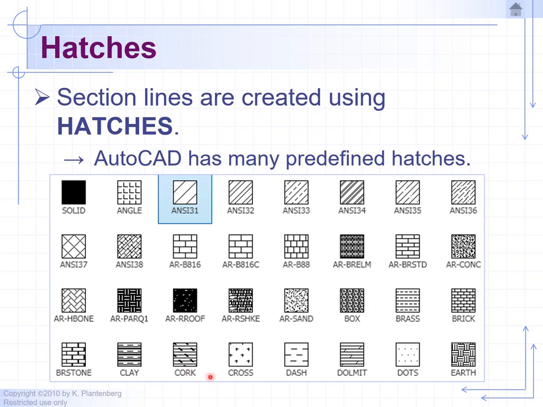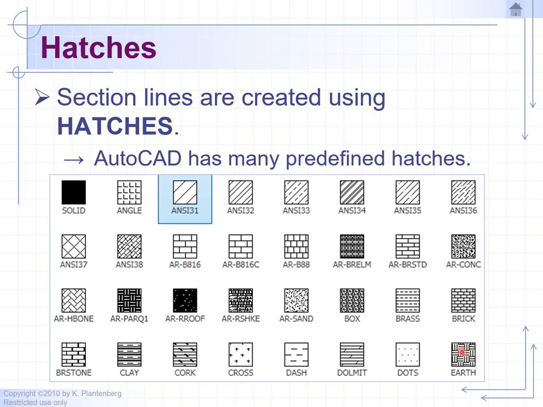So here are some common hatching patterns that you'll find in drafting. Your textbook will provide you a list of patterns, and these patterns you will also find in the AutoCAD software, so you can pick from these patterns. In mechanical drafting, whether it's aerospace, machine shop drawings, or automotive, manufacturing, the most common pattern you'll find is the ANSI 31 pattern. It's a very simple pattern, single lines at about 45 degrees, and you'll see this pattern maybe 90% of the time. In architecture, you'll see other patterns like brick patterns, earth patterns.